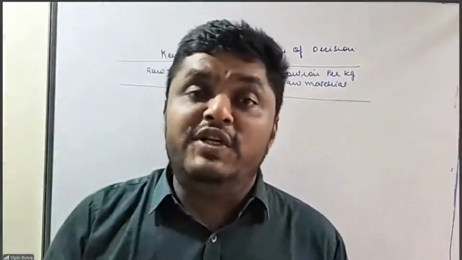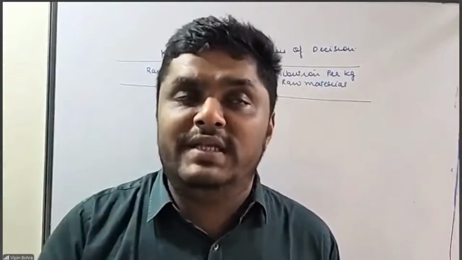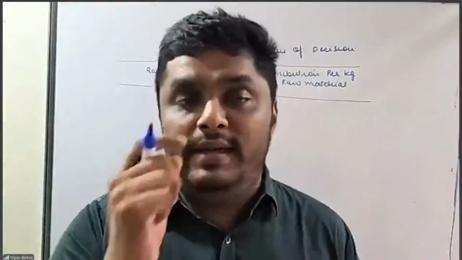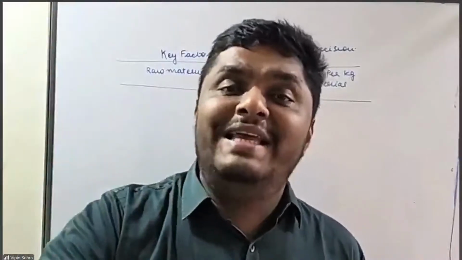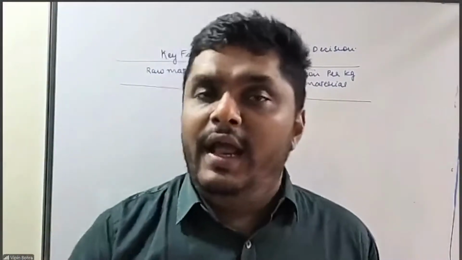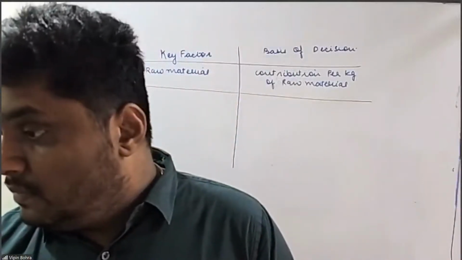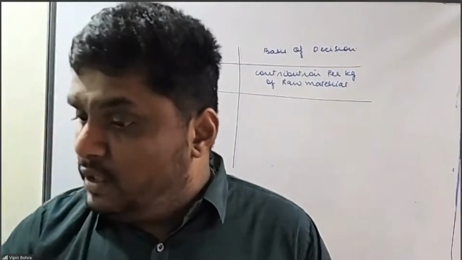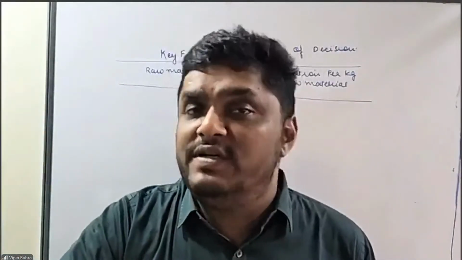Which product we should manufacture so that we can get the maximum profit was decided using contribution per kg of raw material. The product with the highest contribution per kg of raw material we manufacture first, and accordingly second and third. Yes, Tanu, we have to give a ranking of which product we should manufacture first, second, and third.